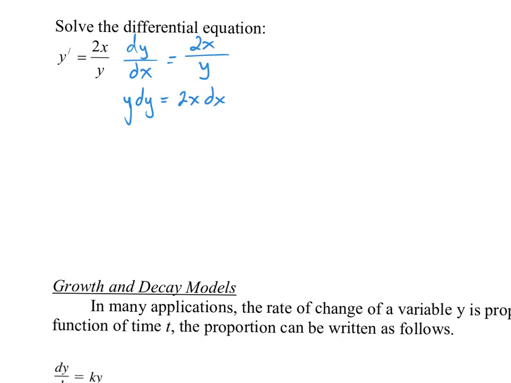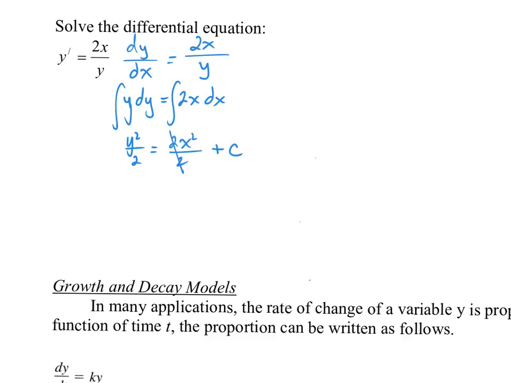And then what? Right, then we can actually integrate it, like you said originally. So the integral of y is y squared over 2. And then the integral of 2x is just going to be x squared because the 2 is constant. And those 2's will cancel.